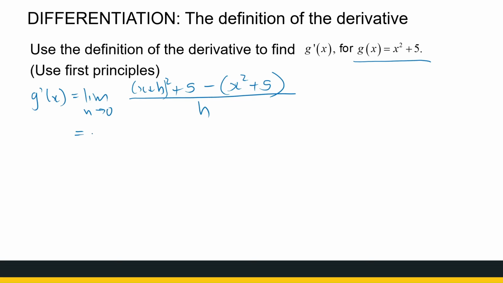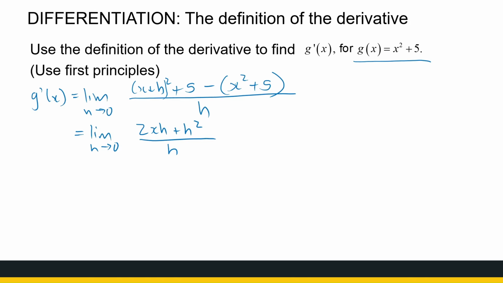All right, now this limit, we're not taking the limit right up to the end. We are just doing algebraic manipulation on that fraction. So you can square out, simplify, and you'll end up with x squared minus x squared, they're going to cancel out, plus 5 minus 5. So we'll have 2xh plus h squared over h. If you're not happy, pause here and write out the simplification of that fraction to make sure you get that.